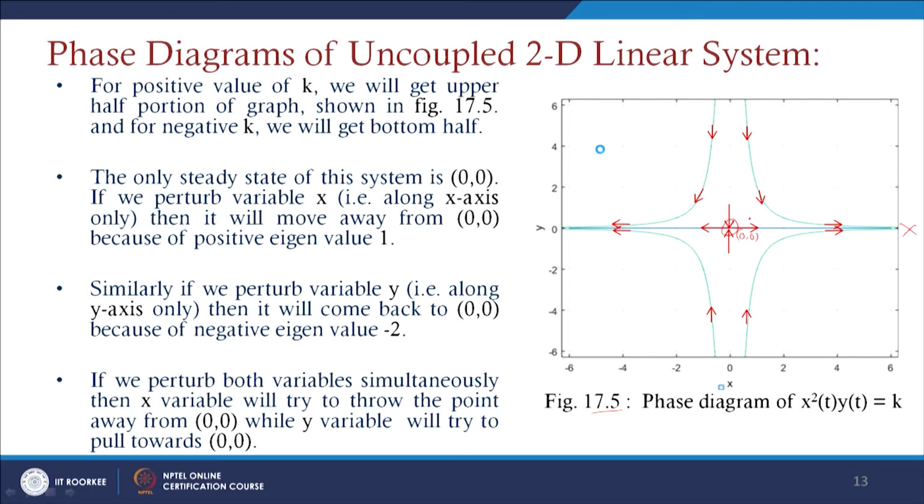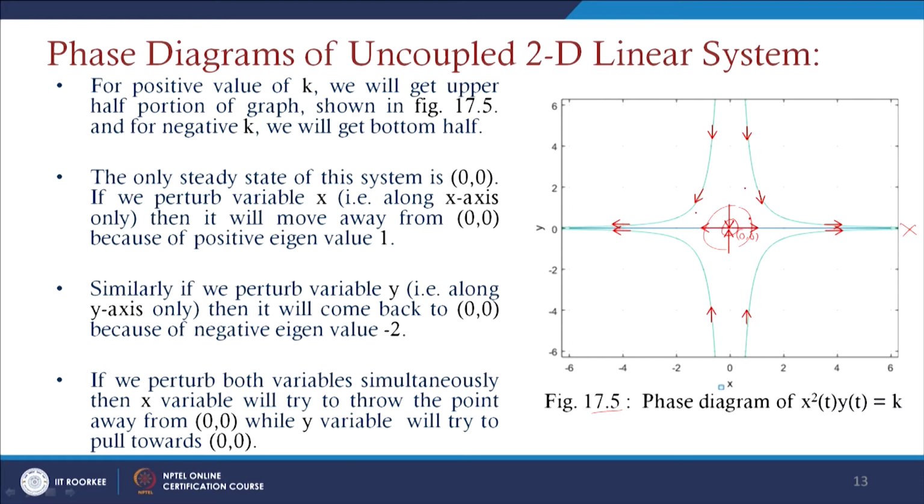Similarly, if we plot variable y along the y axis, it will come back to the point 0 0 because of the negative eigenvalue. If we plot both values at a time, the minus 2 eigenvalue forces towards the origin while the positive x value takes it outwards. So combined, it represents an unstable condition at the point 0 0.